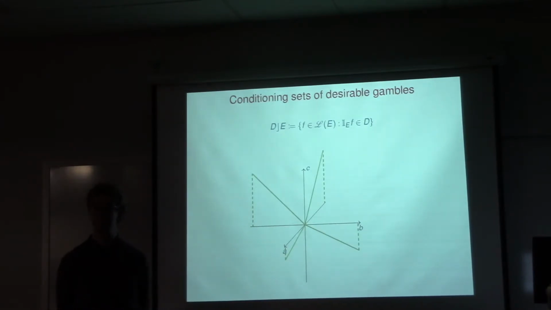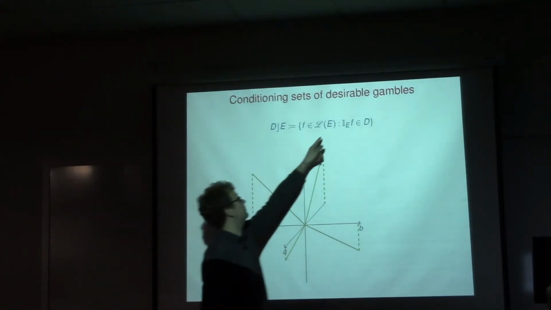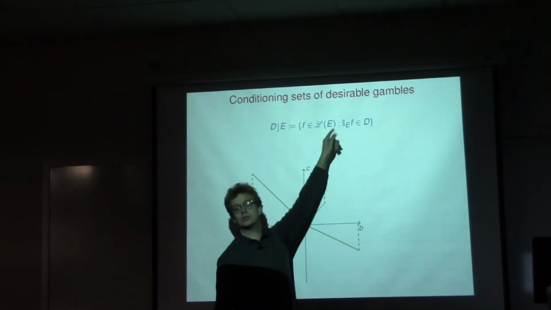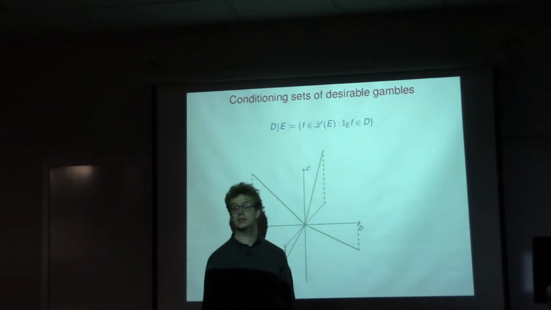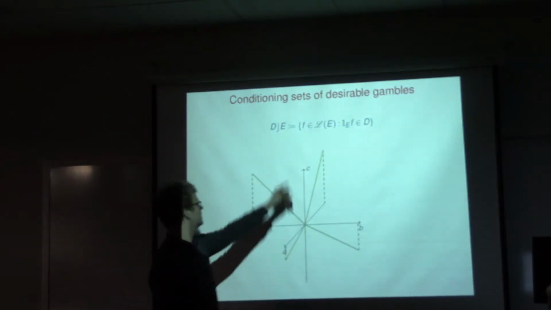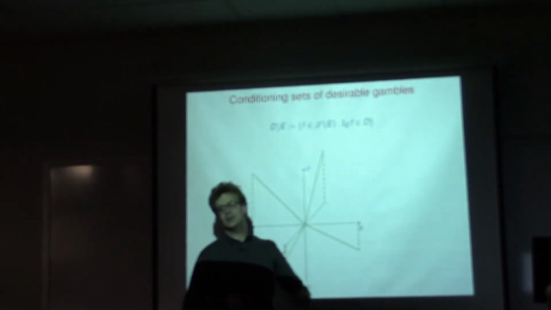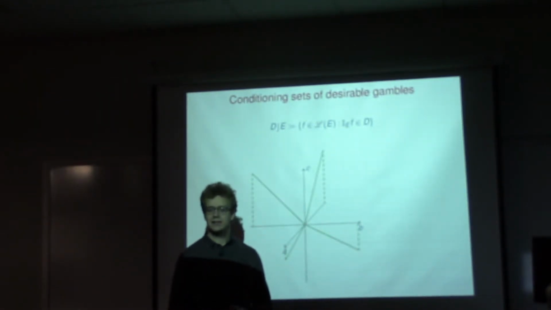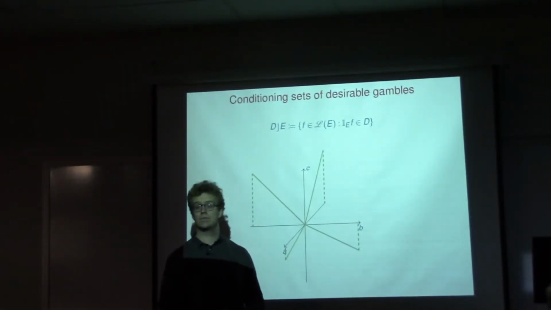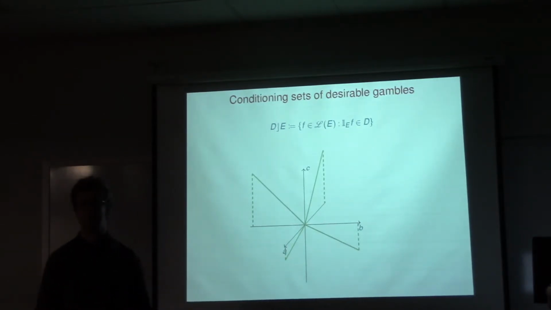Yes? So F, a gamble, is a function from X. Well, this gamble is a function on E only. It's on the conditioning event, on the subset of X. F is a gamble on E? Yes. F is a gamble on E, and I multiply it with a gamble on X. Okay, this is actually not well defined everywhere, but I define it like this.